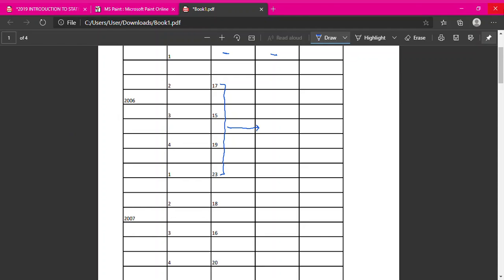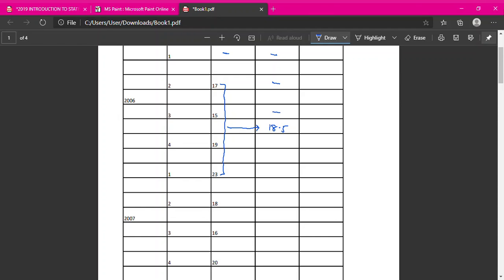Okay, so berapa yang akan dapat? 17 plus 15, okay, plus 19 plus 23. Okay, then divide by 4. Dan you akan dapat kat sini moving average 18.5. So kat sini tak ada data lah. Dan di sini juga. Okay.